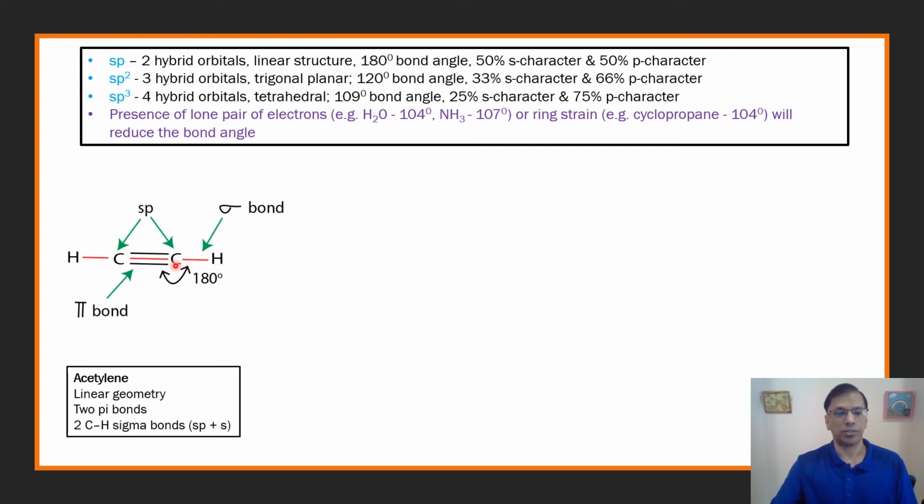So we have three sigma bonds here, represented in red color. In the case of the carbon-carbon bond, the sp orbital of each carbon overlaps to form the sigma bond. The pi bonds are represented in black color, and the bond angle between the sp orbitals is 180 degrees.